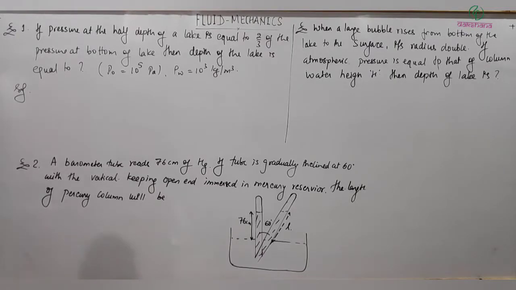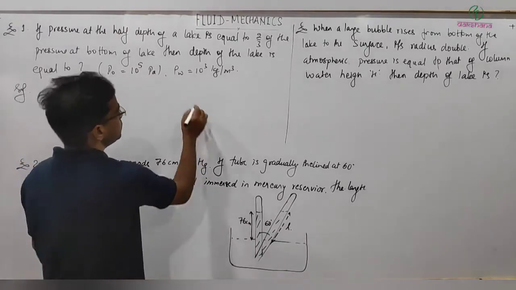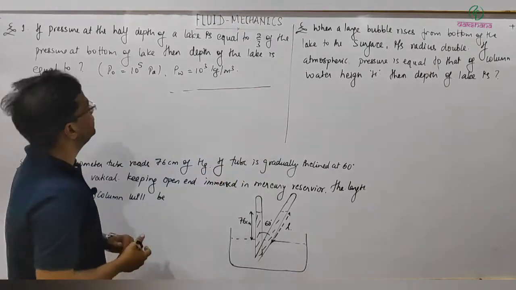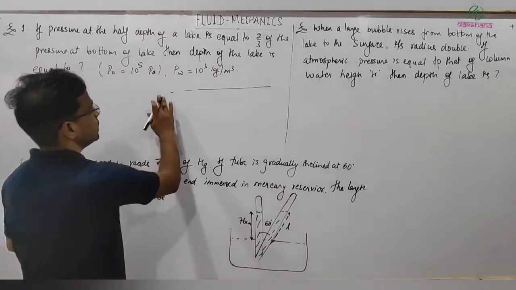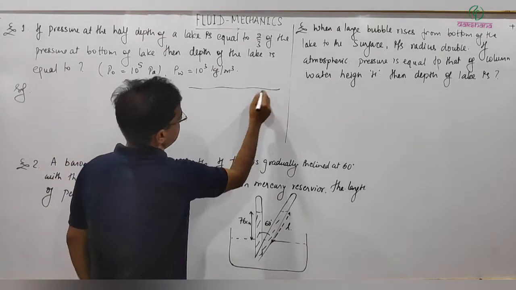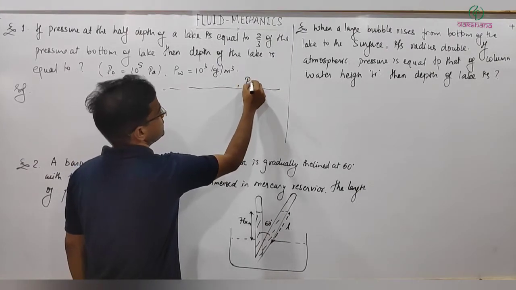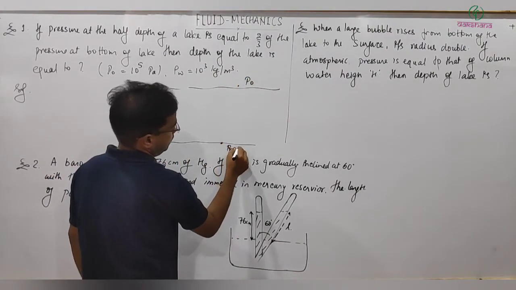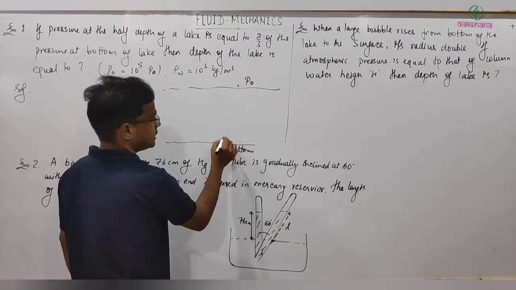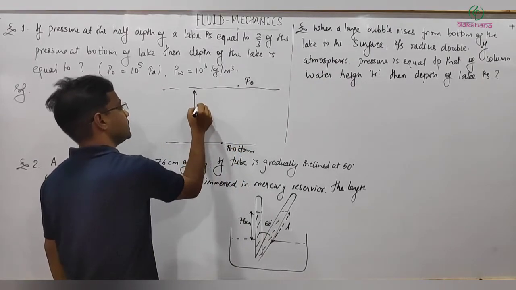Okay, let's see some problems, some applications of the concept we have seen. First one: if the pressure at half depth of a lake is equal to 2/3 of the pressure at the bottom of the lake, then the depth of the lake is equal to? Let's consider this is a lake, and here the pressure is P atm, and this is the bottom. Let its depth be h.